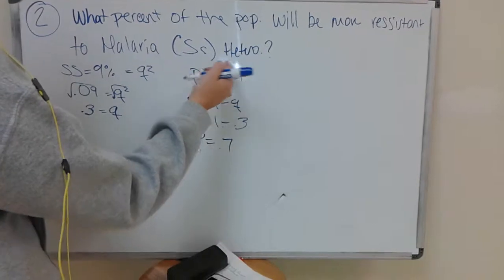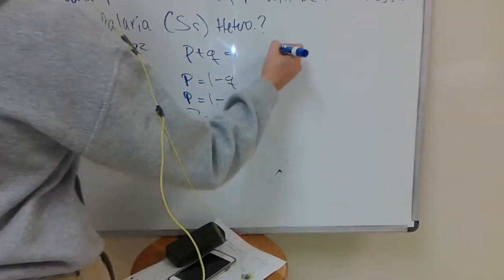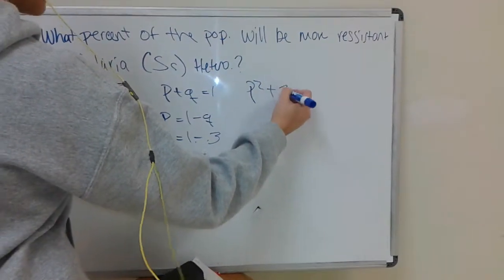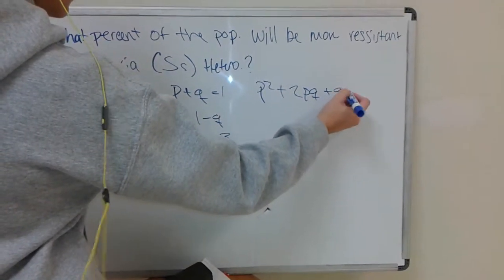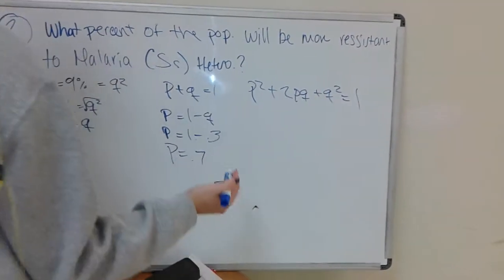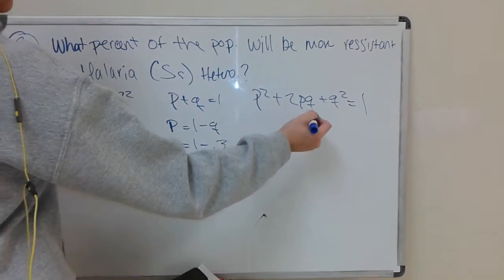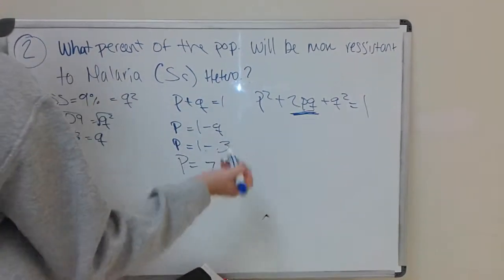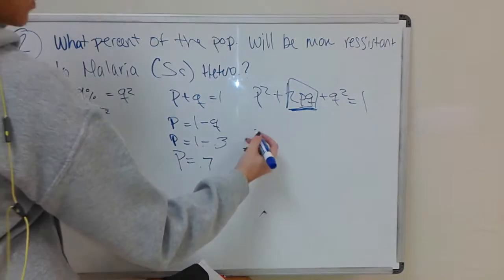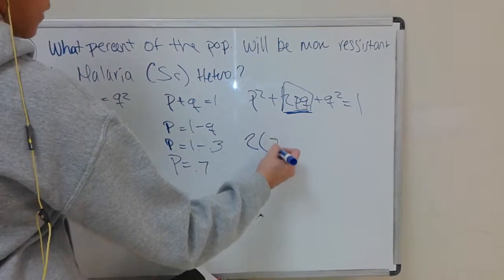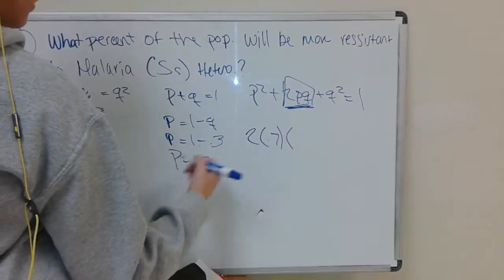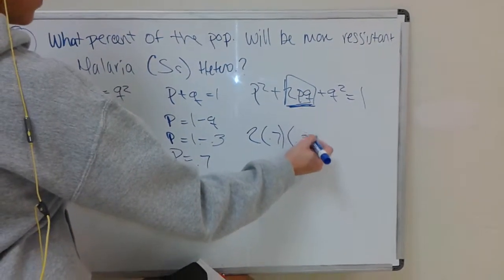And now, when it's asking us for heterozygous, we're going to be looking at this equation, p squared plus 2pq plus q squared, which is equal to 1. And basically, heterozygous means that we need to use this part of the equation. So we would basically be multiplying 2 times 0.7 times 0.3, which is our q.